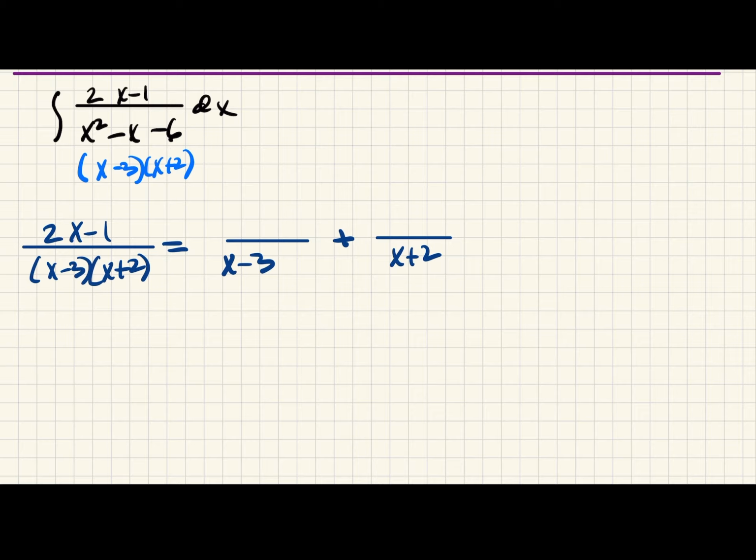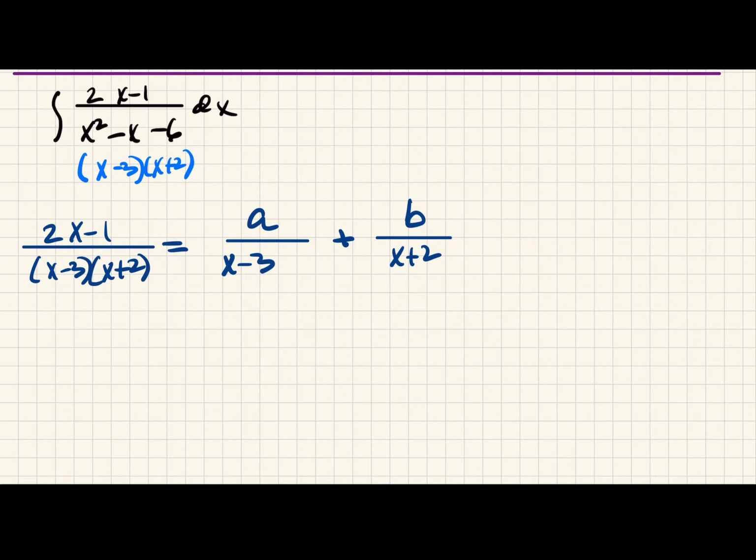Both of these denominators are linear, not quadratic. So part of the process is that I'm going to put constant values in the numerators, no x's, because I've got linear denominators. If I had an irreducible quadratic denominator, I'd have a linear numerator. So you go down one degree in the numerator, okay?